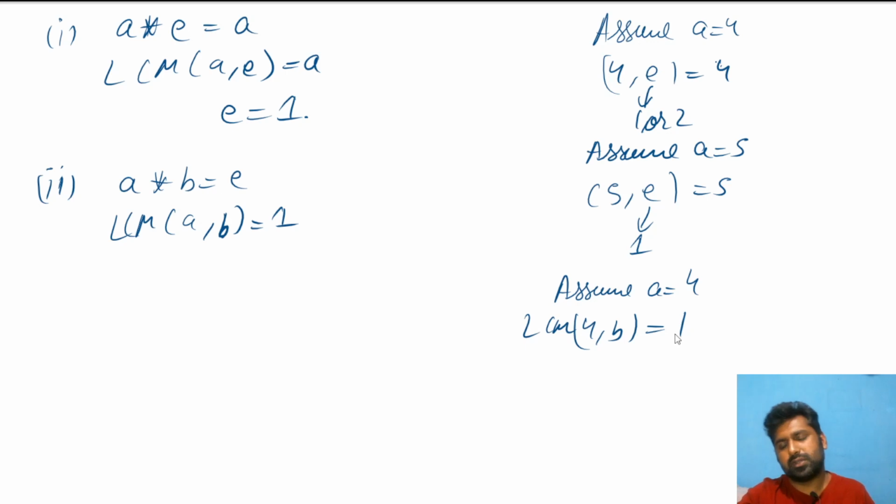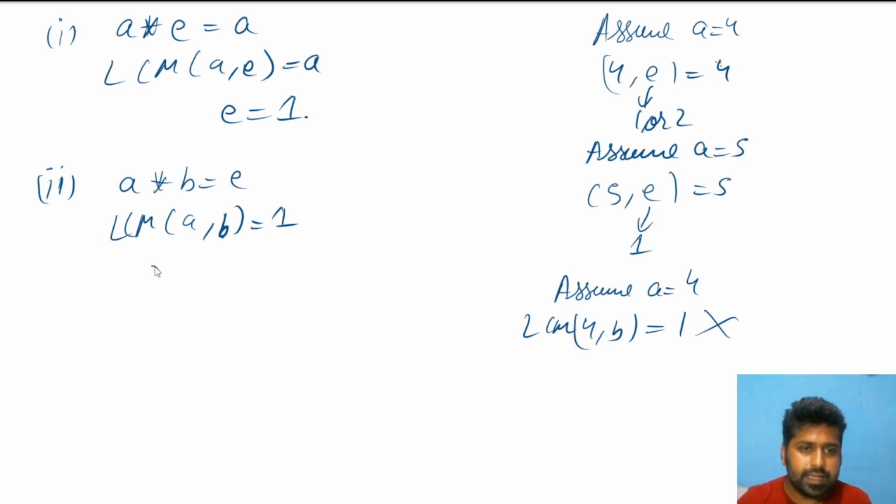Of course the LCM is at least the larger value, or the product if they are co-prime numbers. Even if some factor is common, say b was 2, the LCM of 4 and 2 will be at least 4. If b is even 1, the LCM will still be 4. So you can never have this LCM as 1.